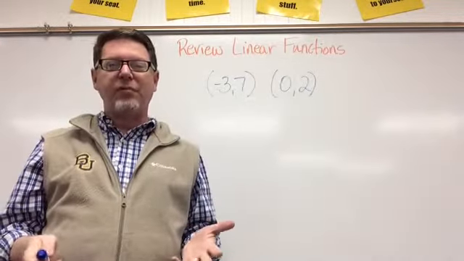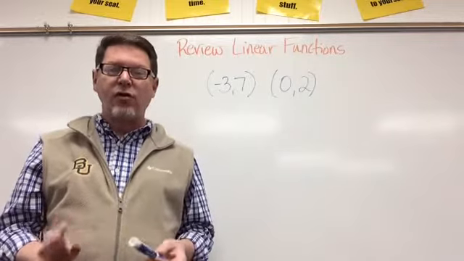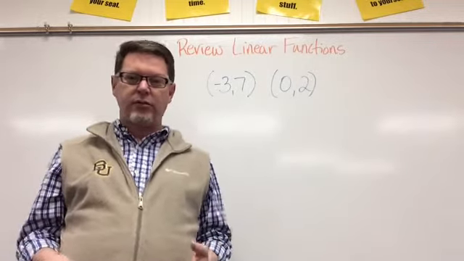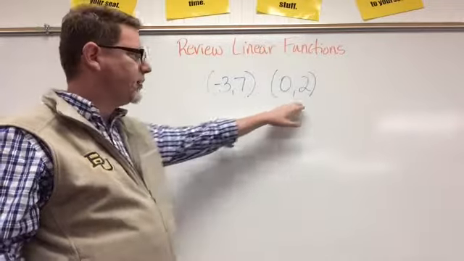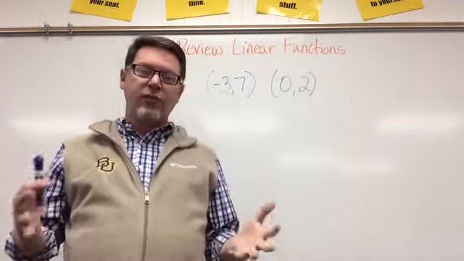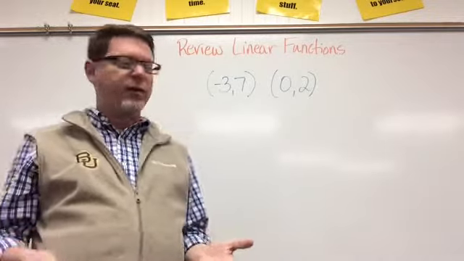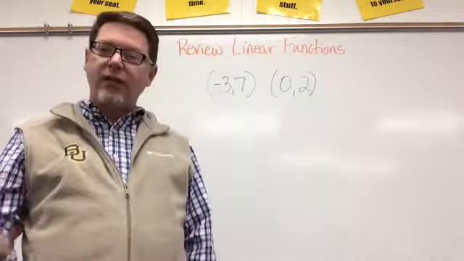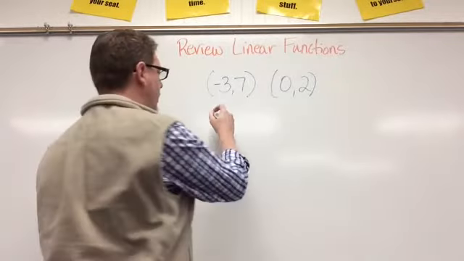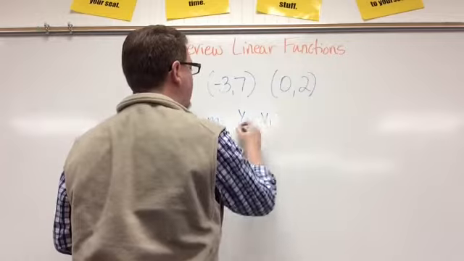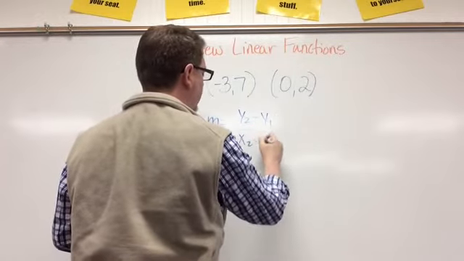So what happens if I'm given 2 points that I know are on the line, and I need to come up with an equation? I've got (-3, 7) and (0, 2). How do I figure out what the equation is? Well, the first thing I have to do is find the slope. Since I don't have it graphed, I'll use the formula to find slope, and that is m equals y2 minus y1 over x2 minus x1.